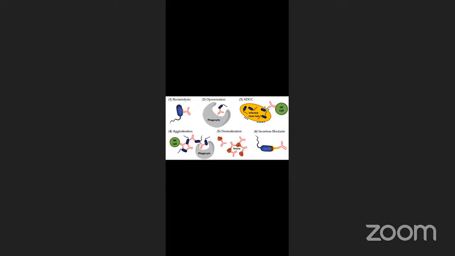These macrophages recognize the entered bacteria and engulf them. After engulfing, they process the antigens on the surface of the bacteria and present them with the help of the MHC molecule. And this is host defense.